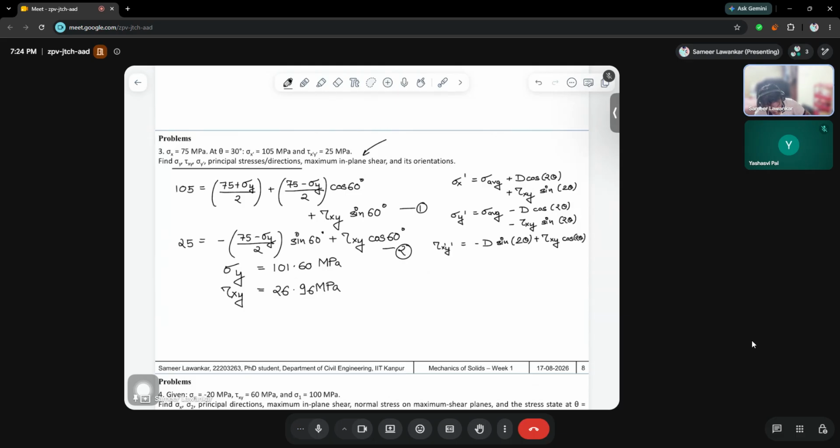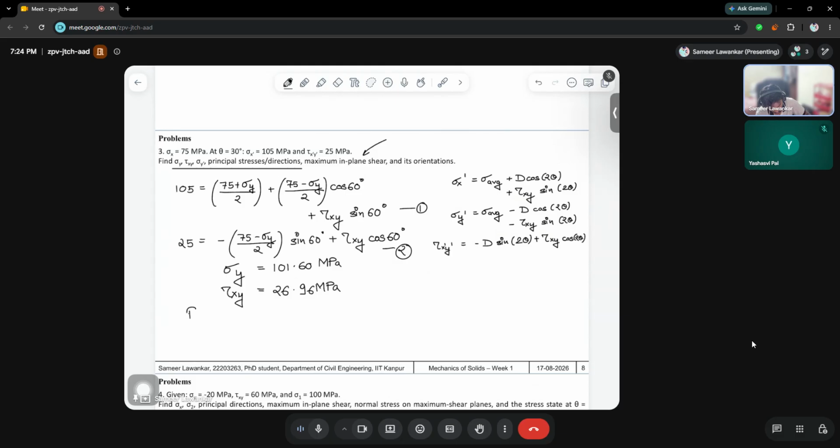Now, the second question asks about sigma y dash, where sigma x is known to us and sigma y is known to us. One way to calculate sigma y dash is to put everything in this formula and calculate it. Another way is to directly use the trace invariance.